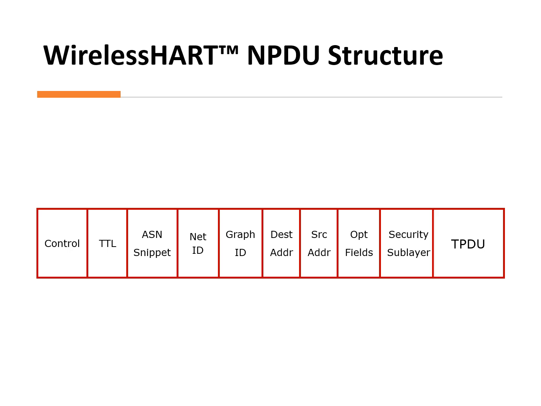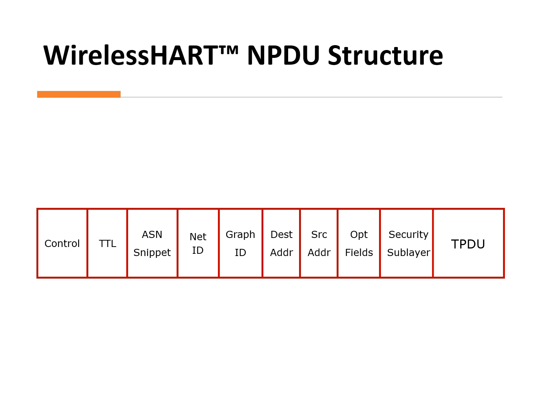The Network Layer Protocol Data Unit, NPDU, is shown in the figure. It consists of the following: a 1-byte control field, which specifies an addressing scheme employed and indicates if special routes are used. A 1-byte time to live, TTL, field, which indicates the maximum number of hops that the packet is allowed before it is discarded. A 1-byte absolute slot number, ASN, snippet field that provides performance metrics and diagnostic information.